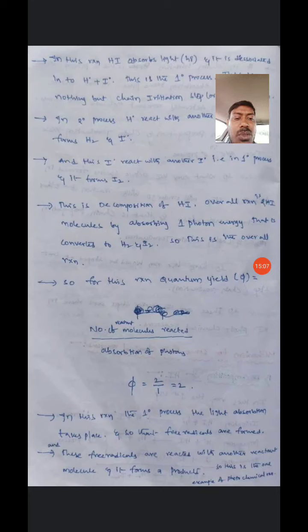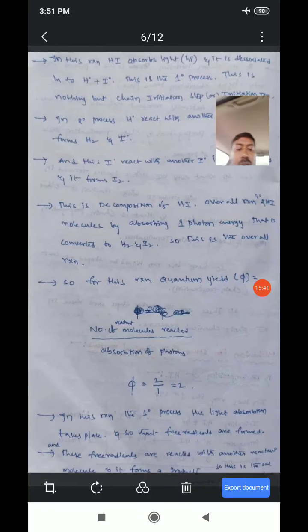For this reaction, the quantum yield phi is equal to the number of reactant molecules reacted per photon absorbed, so phi is equal to 2 by 1, which is 2.